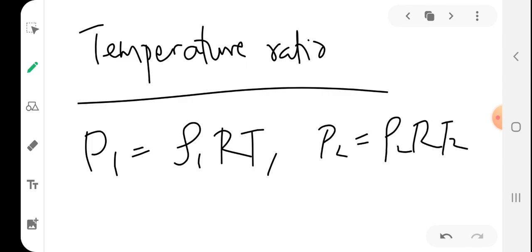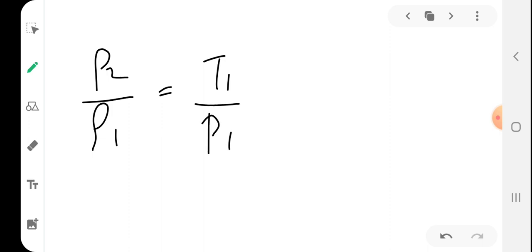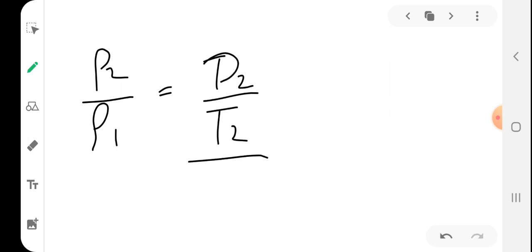So you can write rho 2 by rho 1 as (P2/T2) divided by (P1/T1).